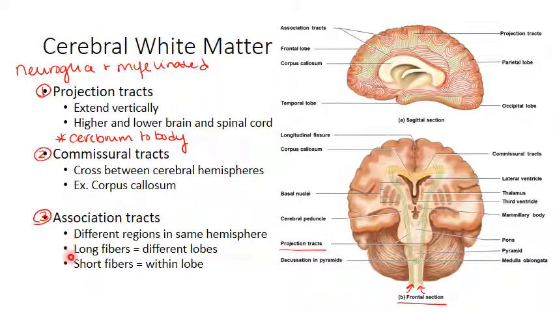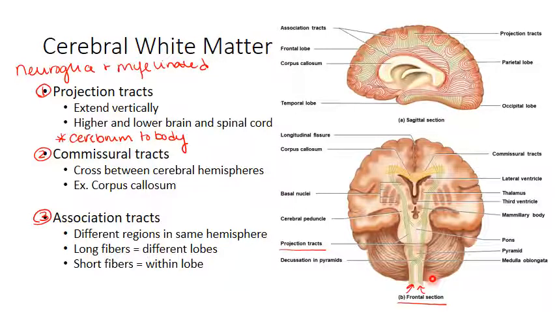So the association tracts are either long or short. The difference is going to be whether they're staying within a lobe or traveling between lobes. So long fibers are going between lobes, so maybe we have from our occipital lobe here into our temporal lobe, or we have short fibers, so they're just staying very close and within the frontal lobe here.